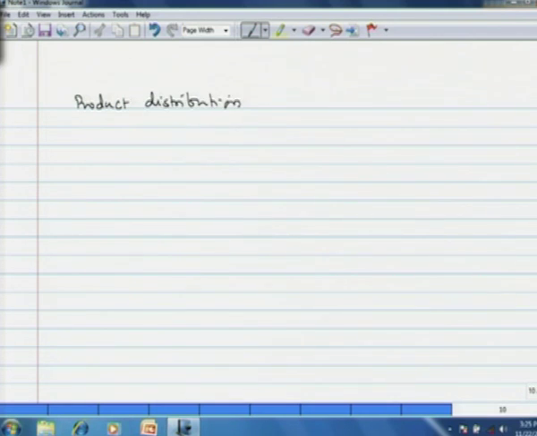That point we note here. Product distribution is the starting point for such reactions which have multiple products, and product distribution in turn is governed by the market demand, obviously.